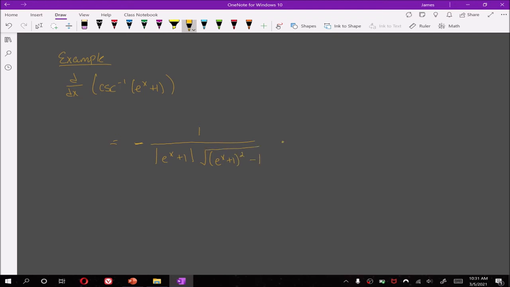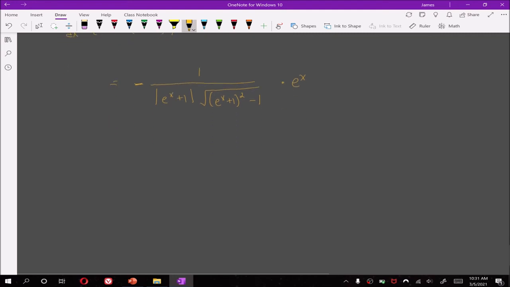And now chain rule says take the derivative of e to the x plus 1. Let's go ahead and simplify this. Now, e to the x will always be positive. Add a positive to a positive is still positive. So we can actually get rid of those absolute values.